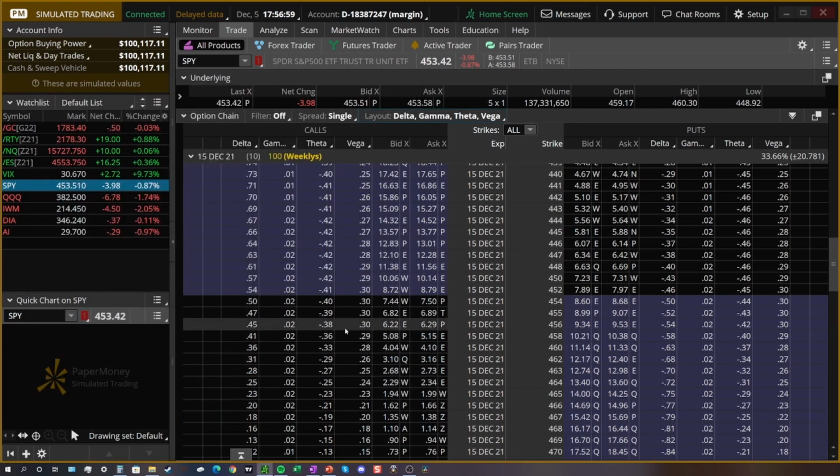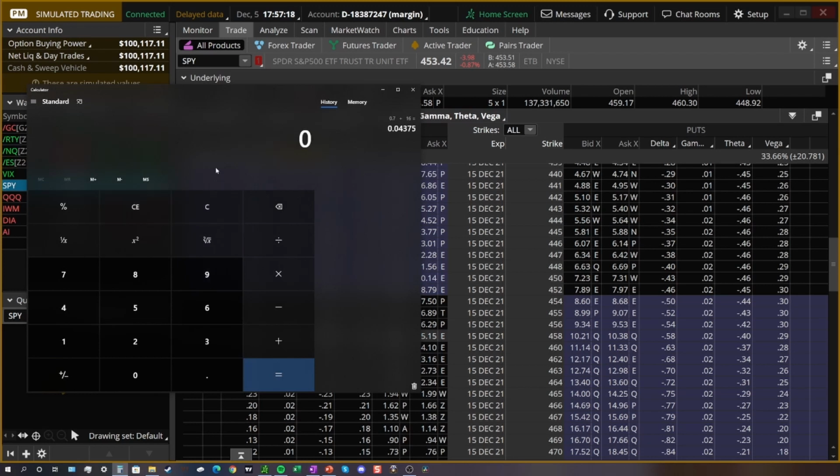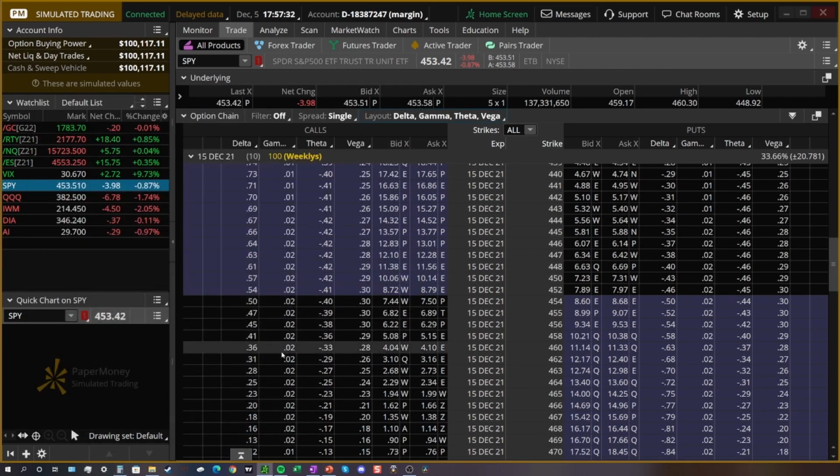But if you come down here to a little bit more out of the money, and we'll say this one right here, this is 31 cents, and it's currently trading at like 310 to 316, so we'll just call it 315. So 0.31 divided by 3.15. That makes up almost 10% of the option value. So for a 1 point increase, this option would see a 10% increase in its value.